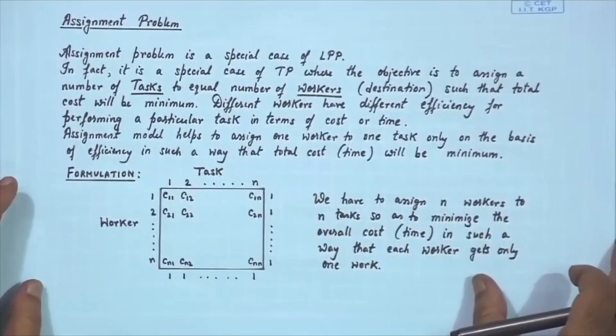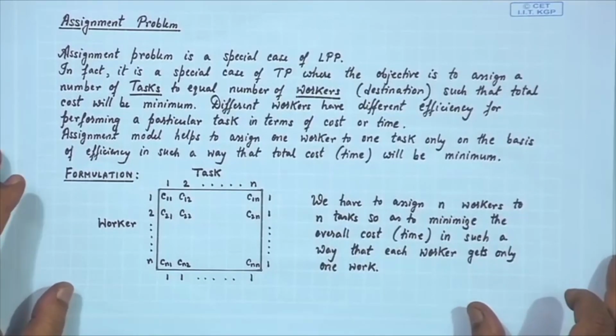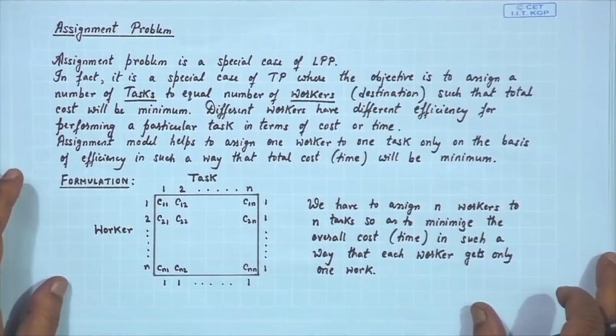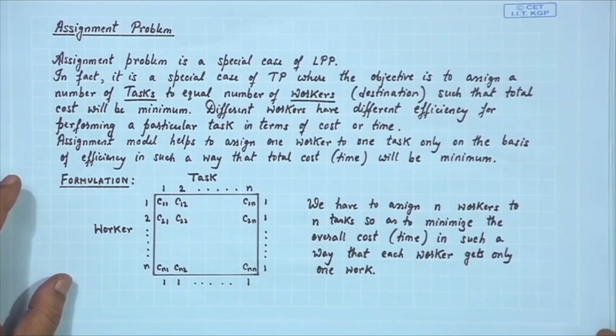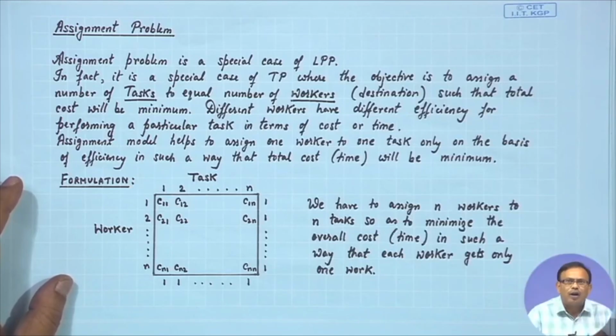Now, let us go quickly to the other type of problem, which we call the assignment problem. The assignment problem is a special case of LPP, and we can also say it is a special case of the transportation problem, where our objective is to assign a number of tasks to an equal number of workers or destinations, such that the total cost will be minimum.